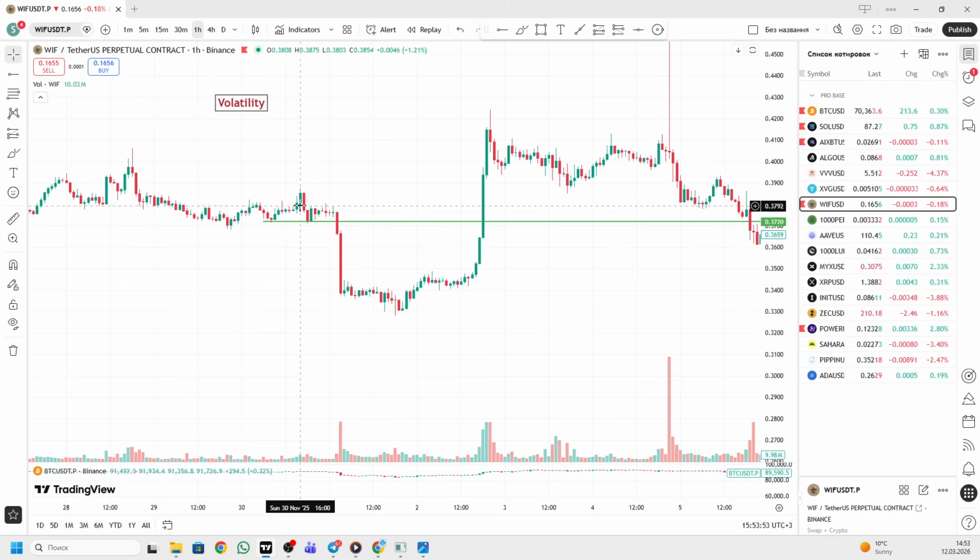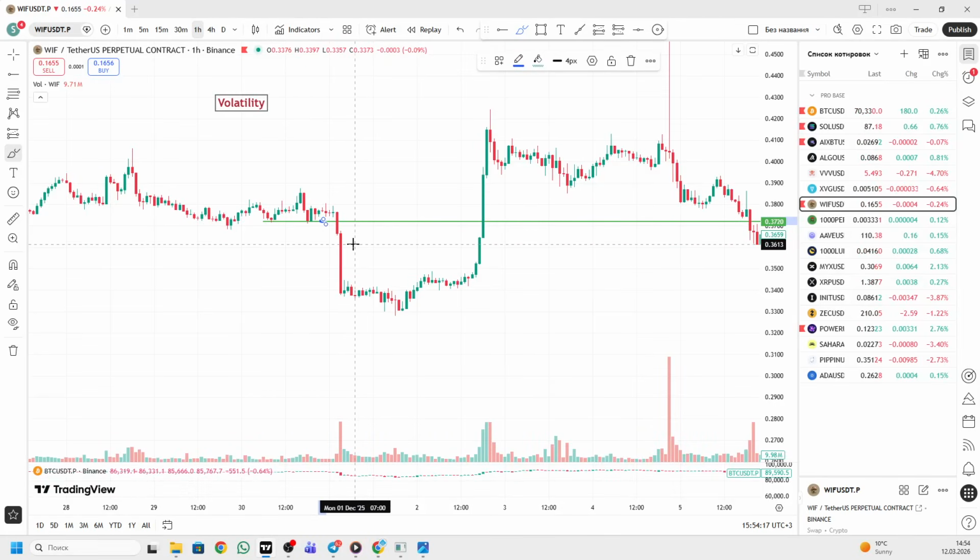So let's imagine that this is a level and this is where you enter the position. Here you enter the position. For a while we see that volatility stays roughly the same. Here, this candle, and this candle, it's roughly the same. The candles are about the same size.